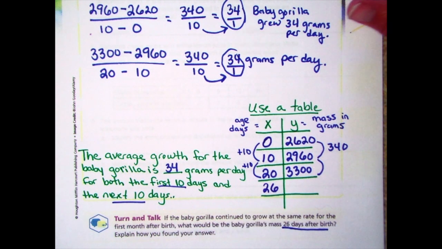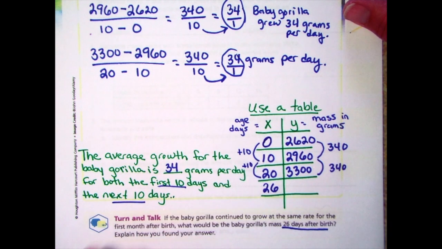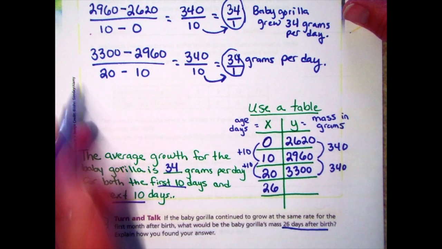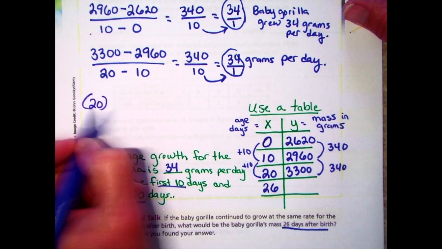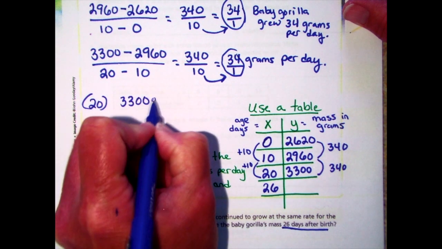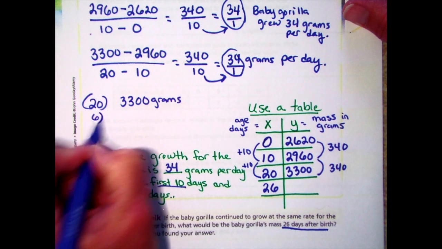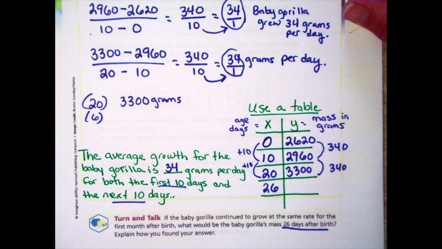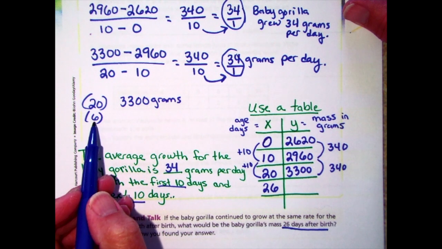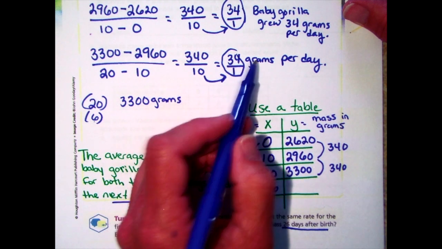Now there's several ways that you can do these calculations, but I'm going to just use what we already have. So we know 20 days is 3,300 grams. And we need to know what 6 more days are. But the easy thing here is that we know that we have 34 grams per day.